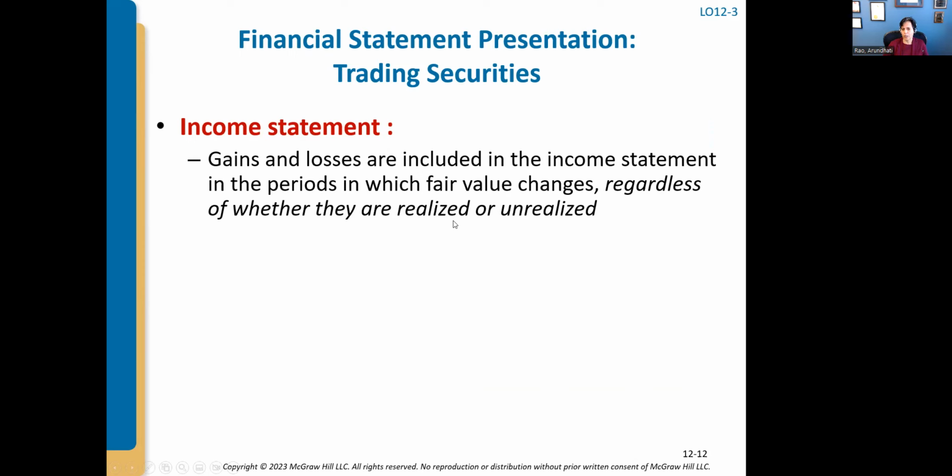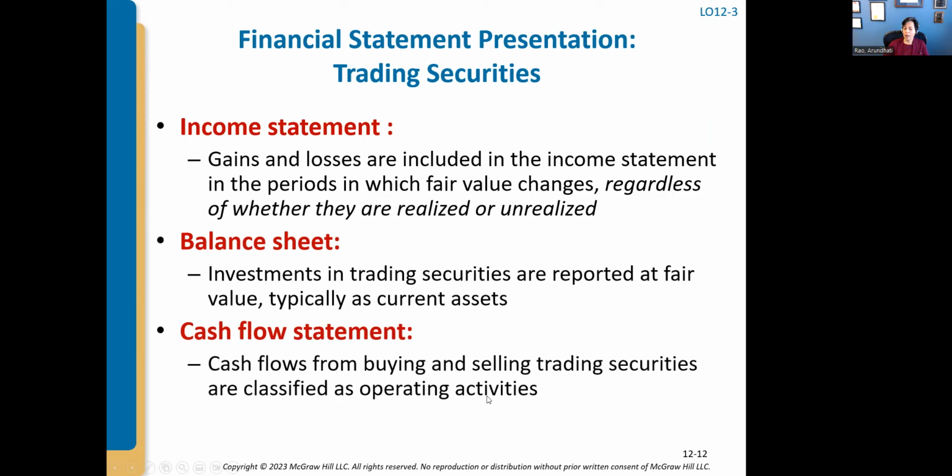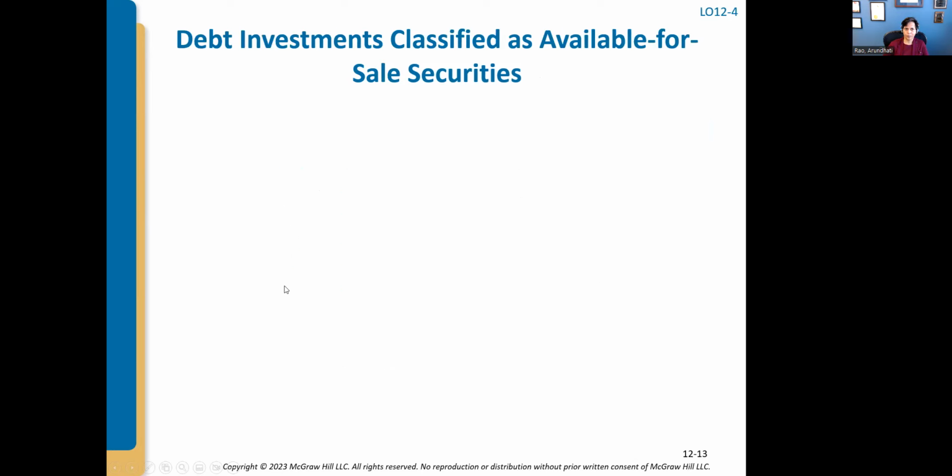Realized means I actually sold it. Unrealized means I've not sold it on December 31st, but I'll still put it in the income statement. On the balance sheet, it's a current asset, and I'll report it at fair value. On the statement of cash flow, it's going to be an operating activity because I classified it as a current asset. When I buy or sell this, it's going to be an operating activity.